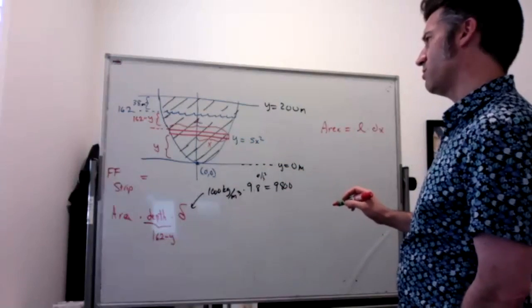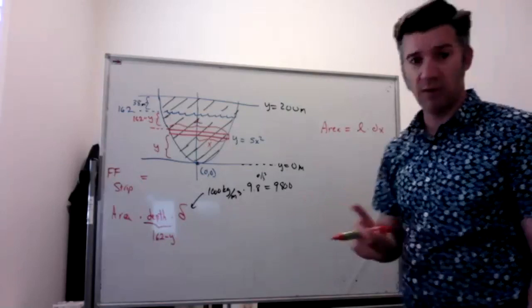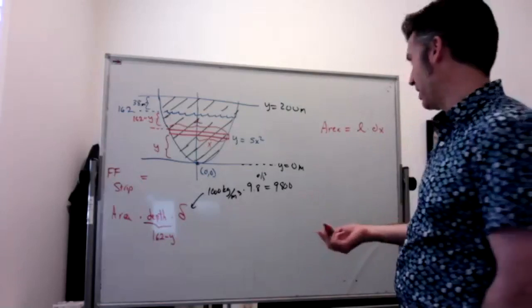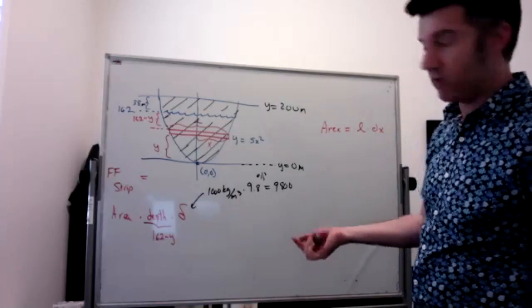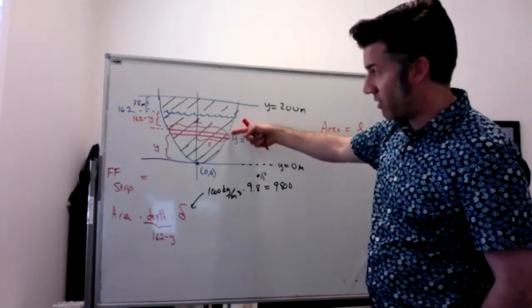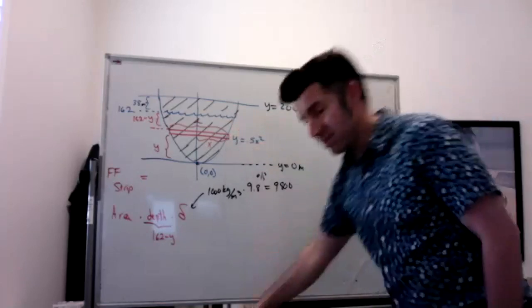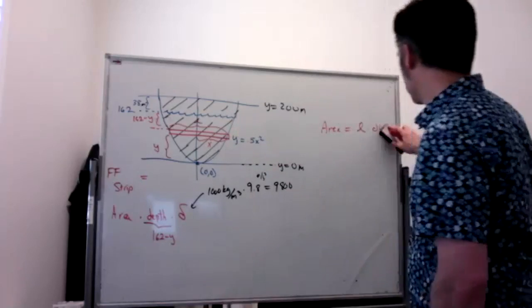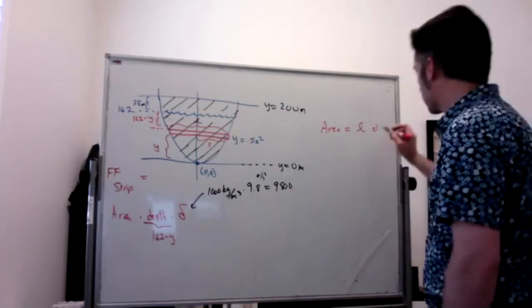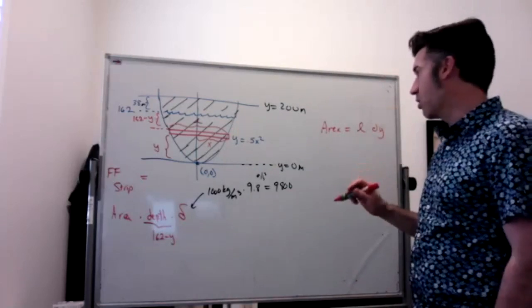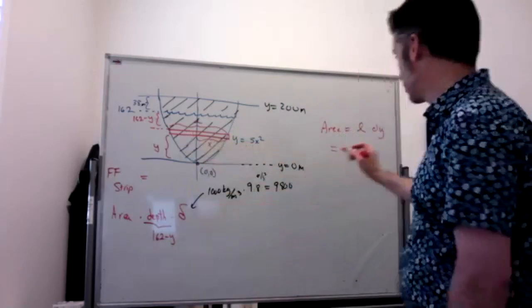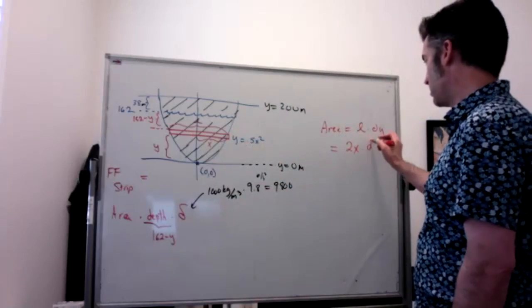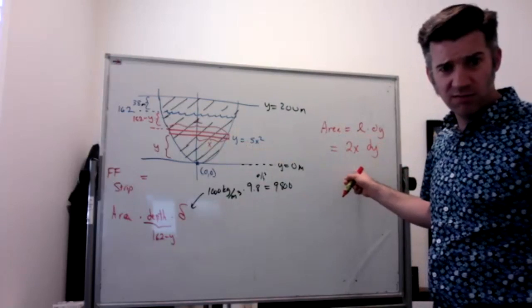Wait, I'm making a small dumb mistake here. Why am I saying dx? It's not dx, it's dy. That small width there is a small change in y, not a small change in x. So the area of this is 2 times x times dy.